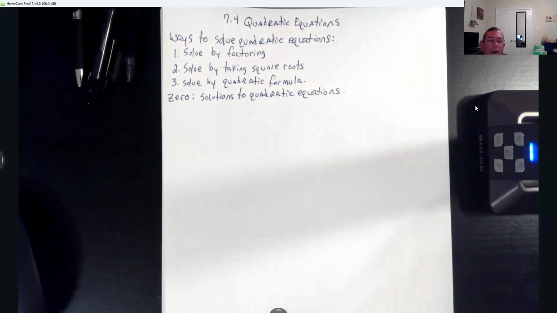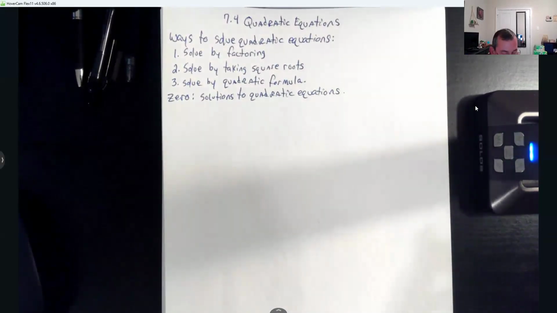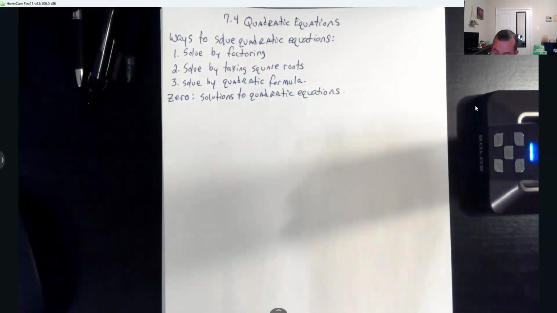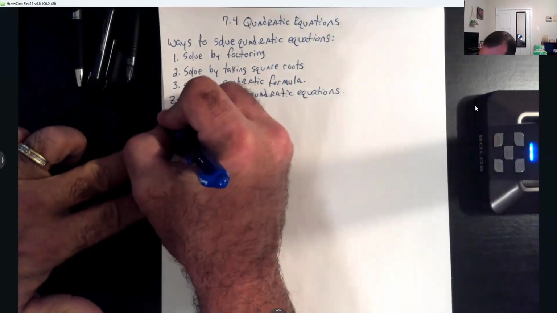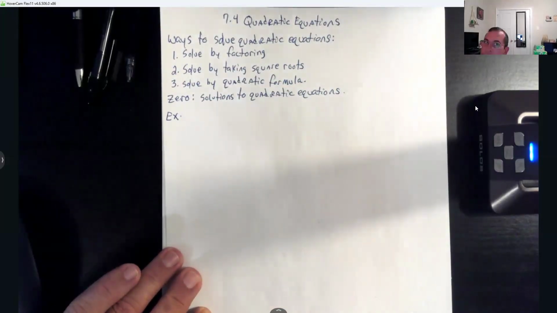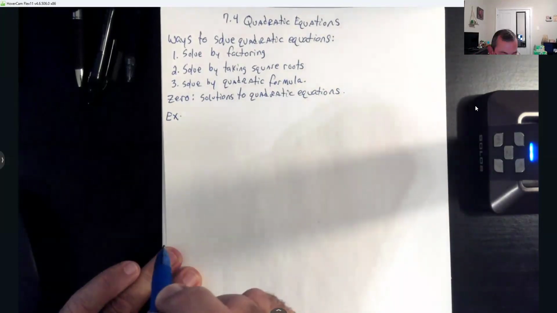And really the reason we call them zeros is because to solve a quadratic equation, we set it equal to zero, okay? Y'all, so what we're going to do now, we're going to play with some of these. We'll do the first one, like I said, by factoring. And then we're going to have to learn this quadratic formula to do the rest.